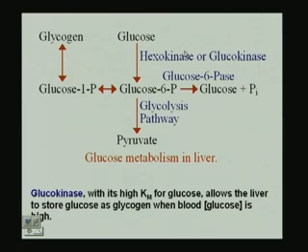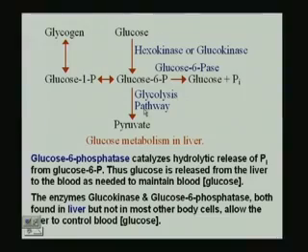Hexokinase would be inhibited by glucose 6 phosphate, but not glucokinase. Once glucose 6 phosphate is formed in the cell, it is trapped. So, we have a regulatory mechanism that actually works here.